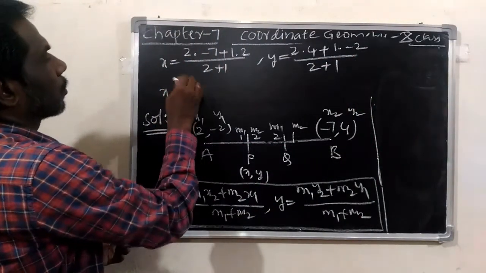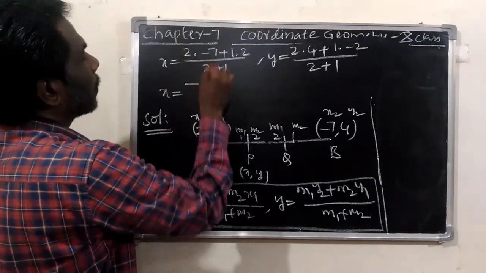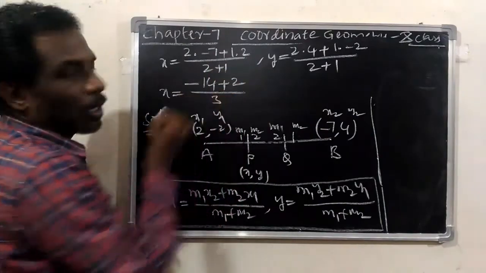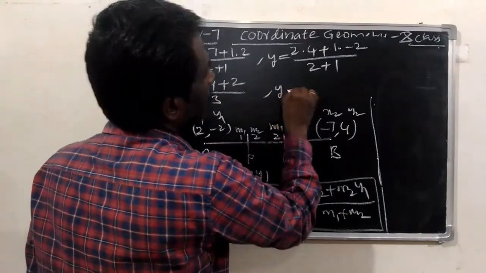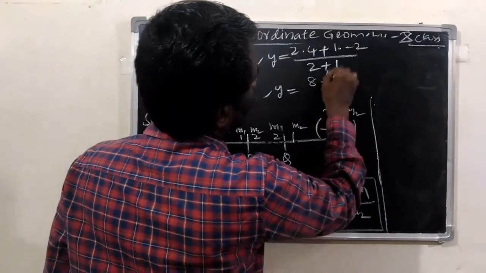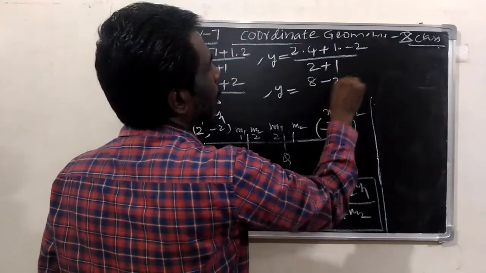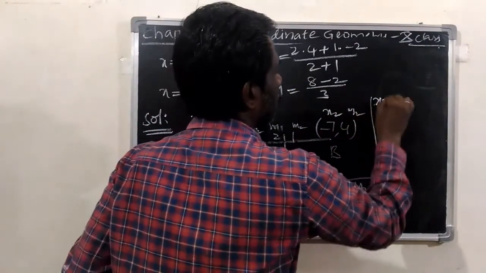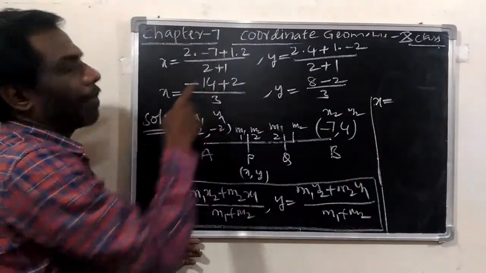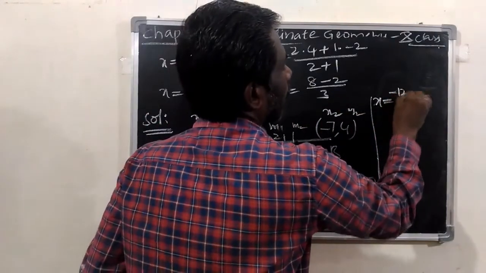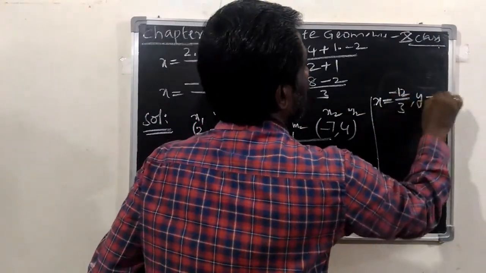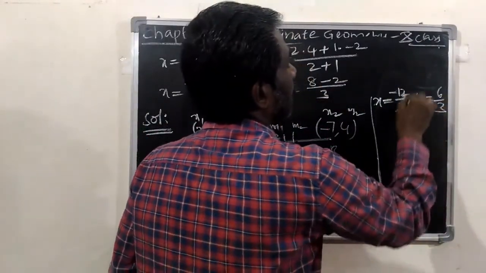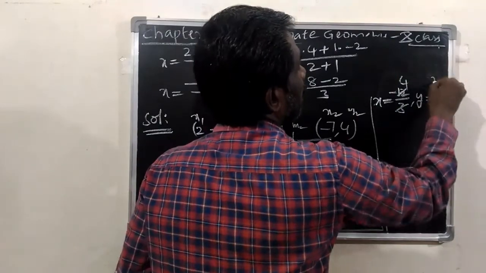Next, x equals 2 sevens are 14, so -14, plus 1 into 2, which is 2, by 2 plus 1, which is 3, comma, y equals 2 fours are 8 plus 1 into -2, which is -2, by 3. Now x equals -14 plus 2, which is -12, by 3, and y equals 8 minus 2, which is 6, by 3. 3 fours are 12 and 3 twos are 6.